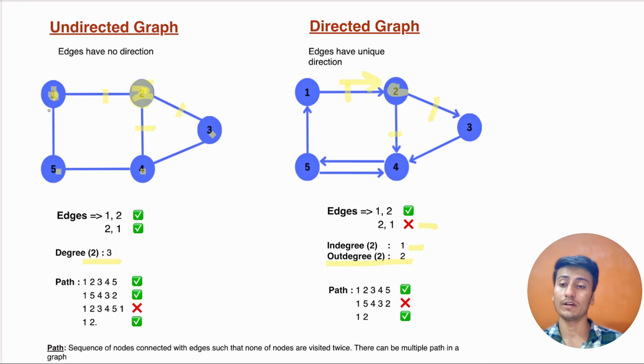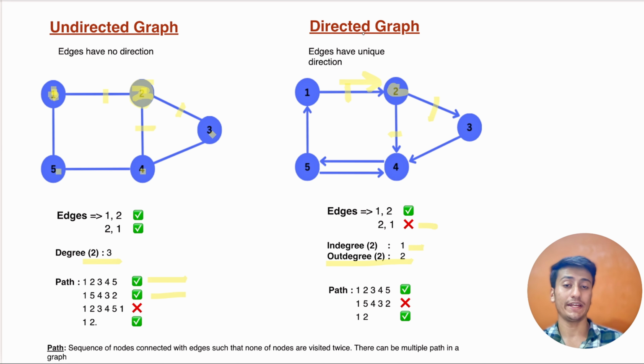And now if I come again to 1, then since it is repeated, I can say the path is 1, 2, 3, 4, 5. I can also go in the other direction, that is 1, 5, 4, 3, 2. So I can say there is a path 1, 5, 4, 3, 2. But I can't say there is a path 1, 2, 3, 4, 5 and 1 because I am revisiting 1 again. Similarly, I can also say there is a path between 1 and 2.